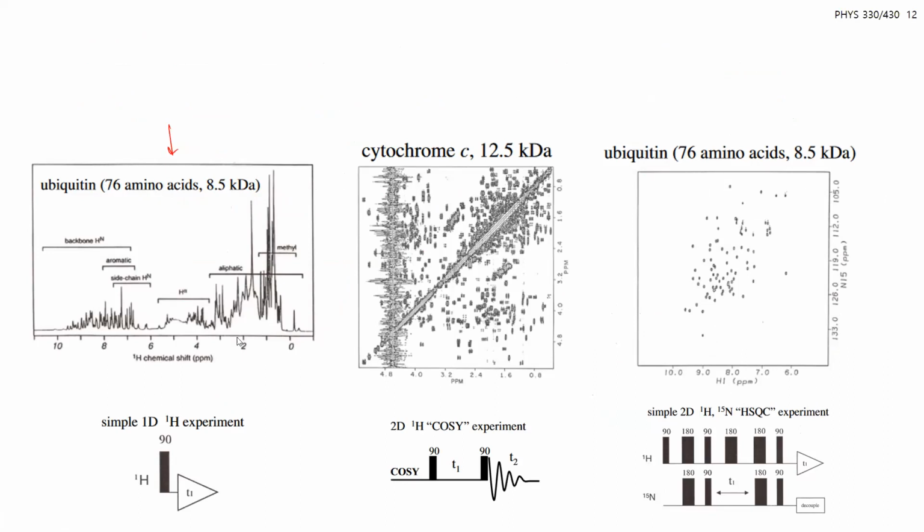So I think this figure better illustrates why you want to do the heteronuclear multidimensional NMR for a protein. So this is ubiquitin. It's a relatively short protein that's in all eukaryotes, and that's why it's called ubiquitin, because it's ubiquitous in eukaryotes. And you can see again, it's very difficult to interpret.